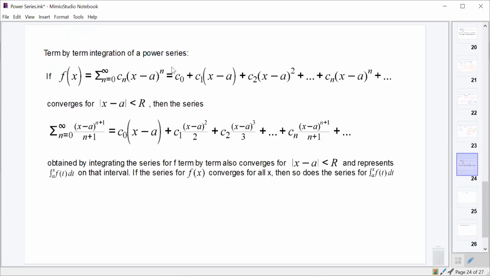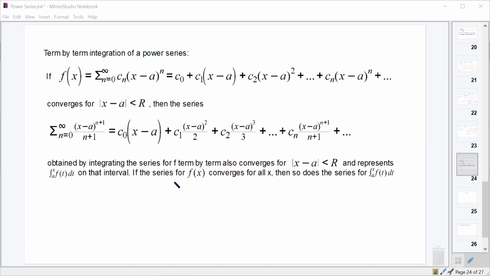All right, so here is the idea behind the term-by-term integration. This is just the written out thing that I had before for the derivatives. If we have each of the terms, we can just integrate each of those terms and write out the series. And remember that any constant out in front of here is just a constant out in front of it. It stays there when you do the integration, okay?